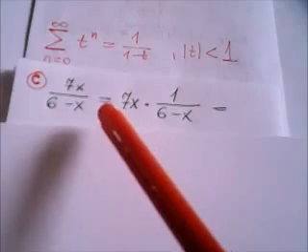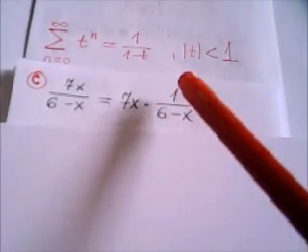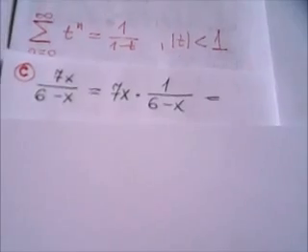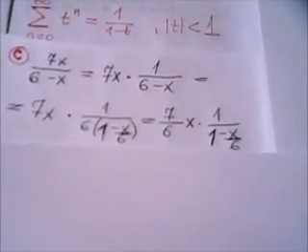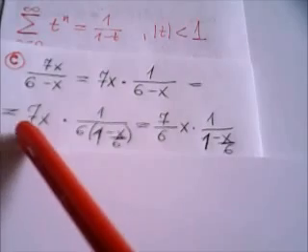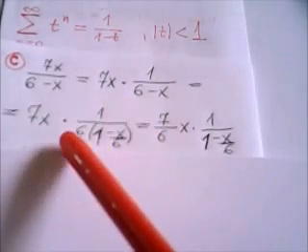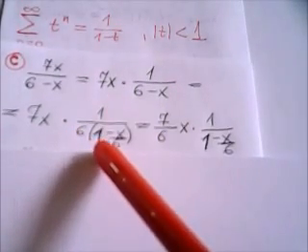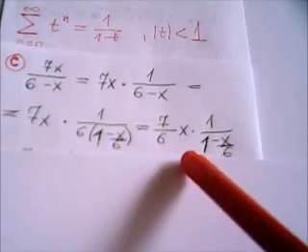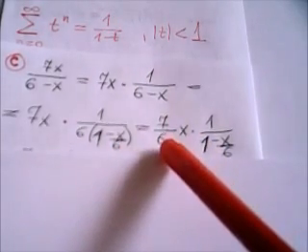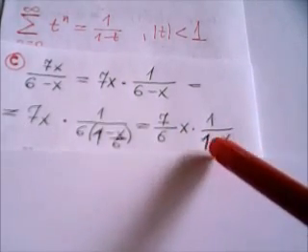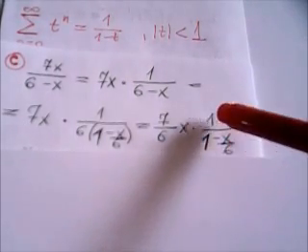Firstly, I write 7x times 1 over 6 minus x. Now I write 7x times 1 over 6 bracket 1 minus x over 6 bracket, and I write 7 over 6 x times 1 over 1 minus x over 6.